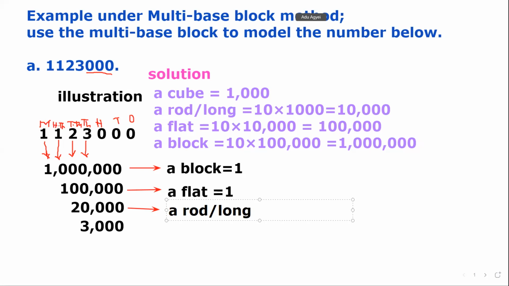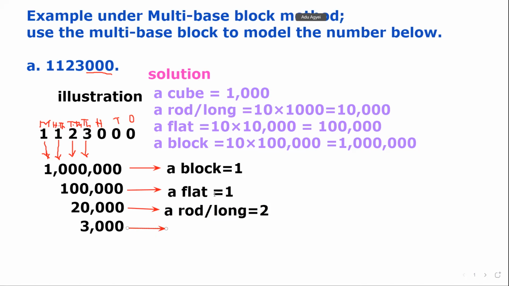And how many rods are you going to draw? A rod is equal to 10,000, and now we have the 20,000, so you will draw two. That will give you the 20,000. You will draw two rods so that you can also get 20,000.